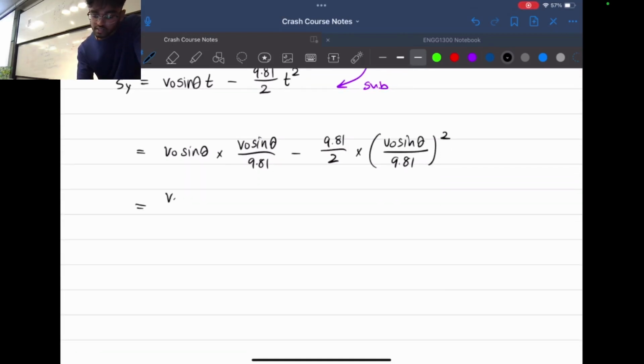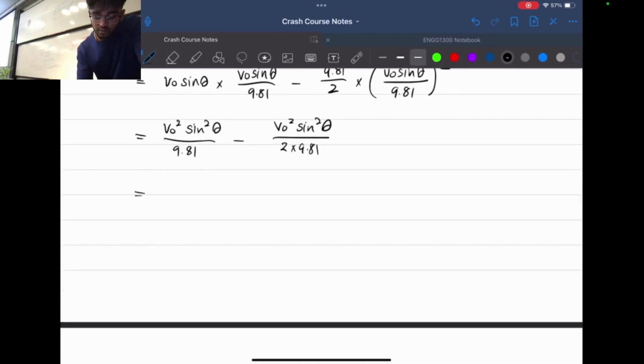Simplifying this, we get v0 squared sine squared of theta all over 9.81 minus, there's a 9.81 that cancels from here and here, so we'll get v0 squared sine squared of theta all over 2 times 9.81.